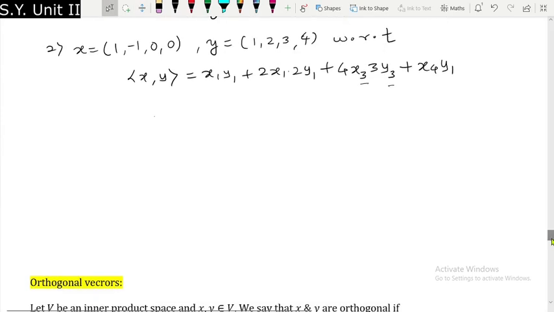So how can one do it? One can do it easily. Now I will not write the Cauchy-Schwarz inequality, we already know it. So what will be our LHS?